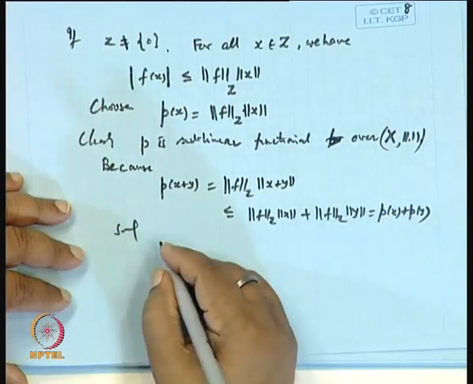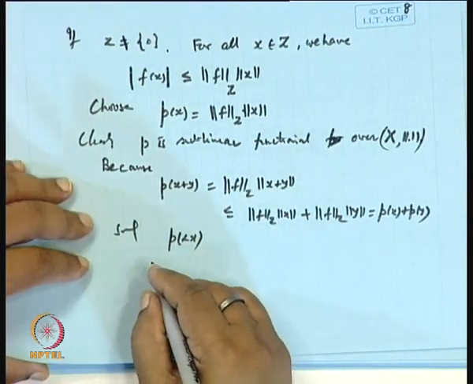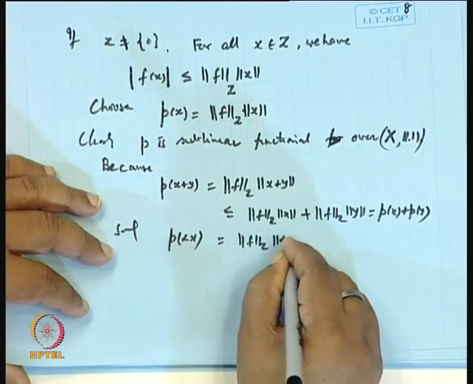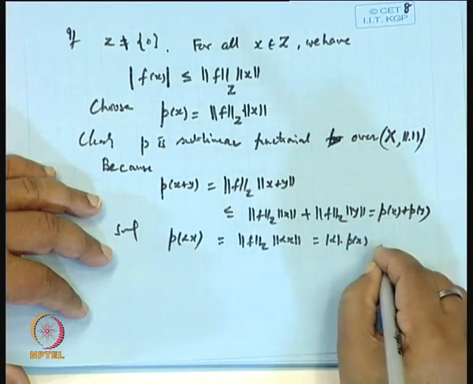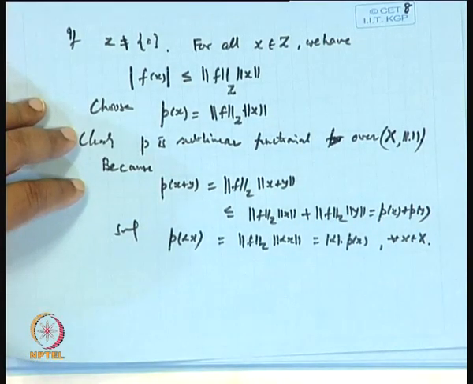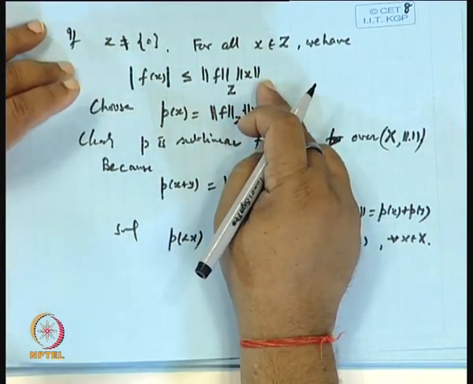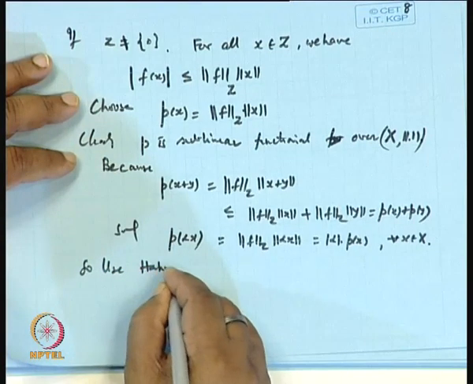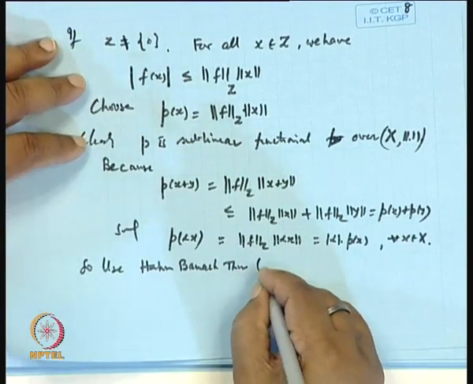Similarly, p of alpha x, when x belongs to capital X, is norm of f Z into norm of alpha x, which equals mod alpha into p x. So, p is a sublinear functional on X, and f is dominated by it. So, we use the Hahn Banach theorem for real vector space.